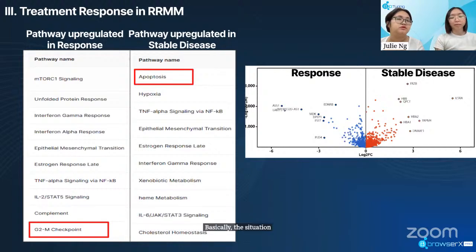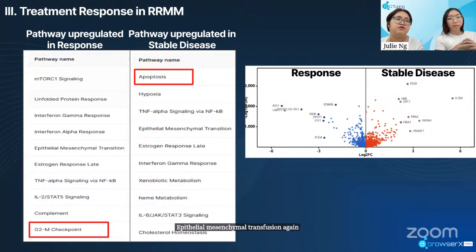Basically, the pathway enrichment situation in the response group and the stable disease group are generally quite similar to each other. One thing not really related to this, but very interesting, is that we also see the enrichment of epithelial mesenchymal transition again.